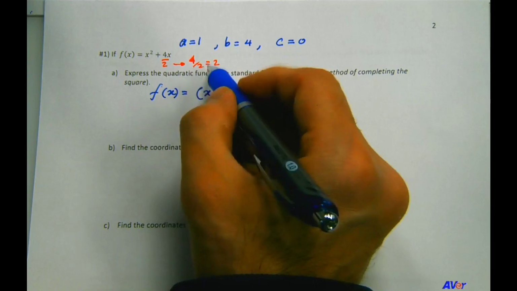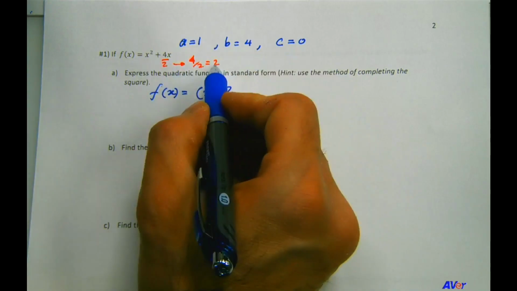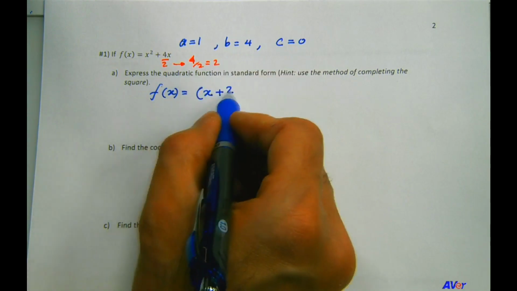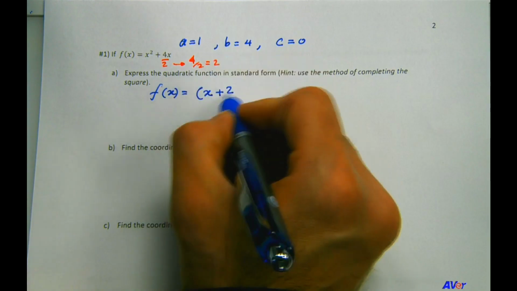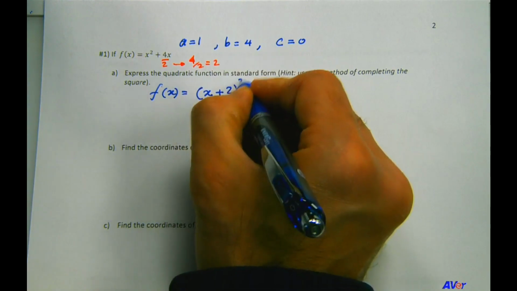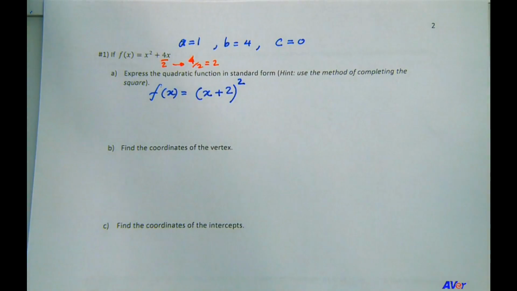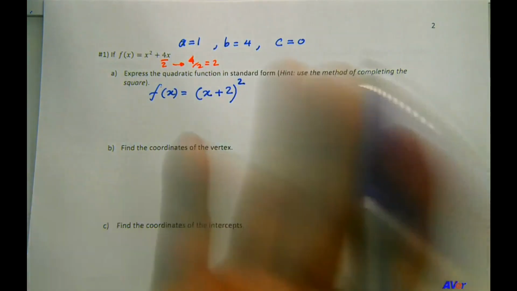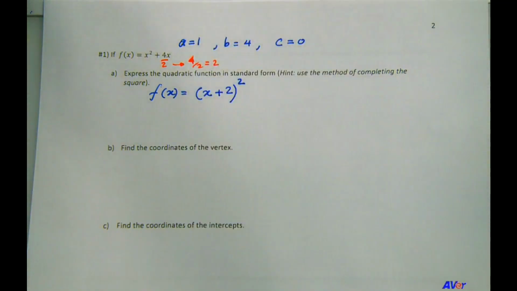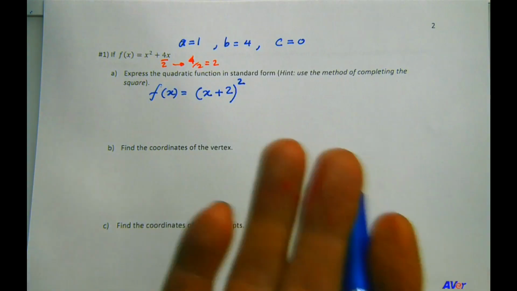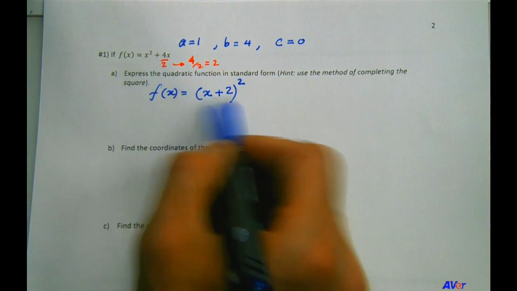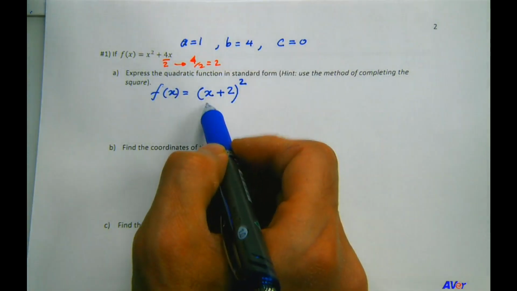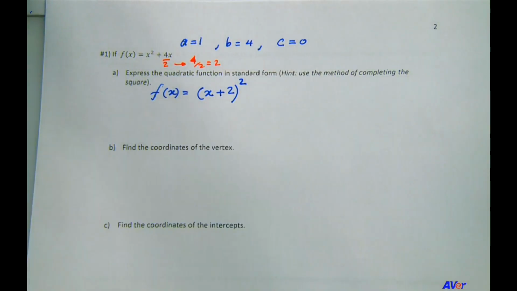If this was minus 4 divided by 2 equaling minus 2, then I would say x minus 2. In this case, it's positive 2. x plus 2, parentheses, squared. So I've solved one problem, but I created another problem. What problem did I solve? The problem I solved is that now these two terms are part of this perfect square. How do we know that? Well, let's expand this x plus 2 squared.